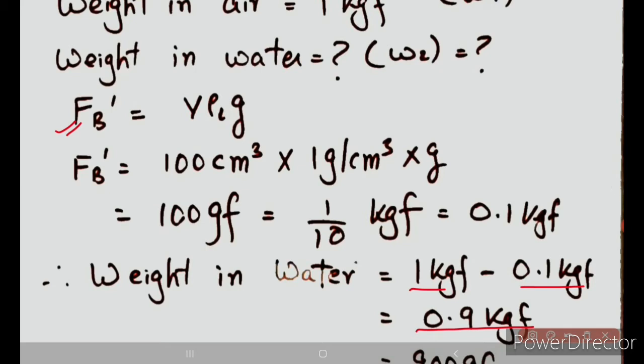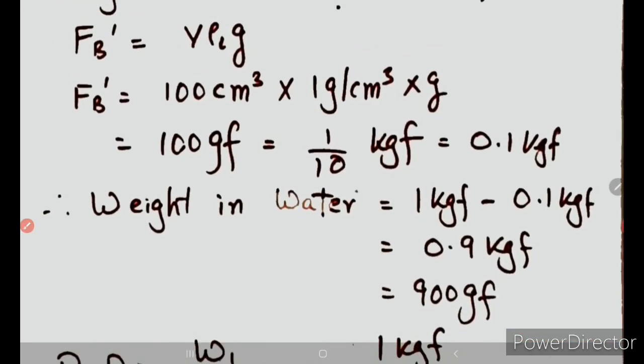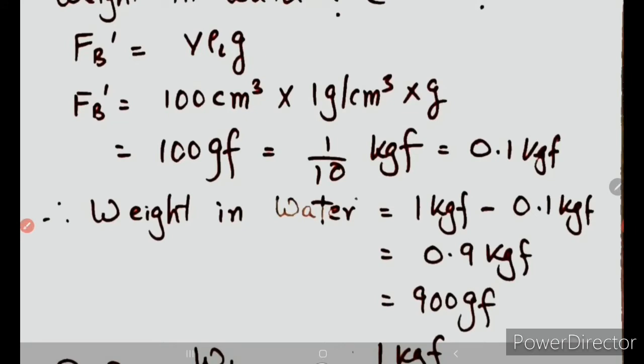Now just to go with the formula I am doing this, right. Then thus we are getting the weight in water to be 900 gram force as written here, okay. So 900 gram force, because my weight in air was also in gram force.